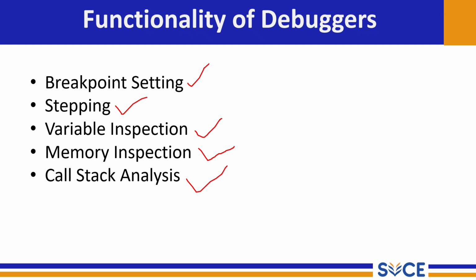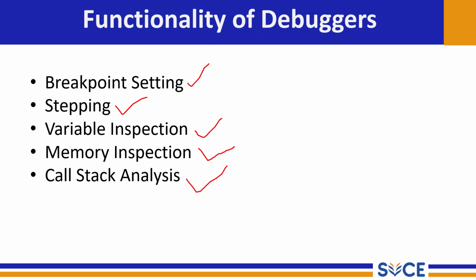Second, understanding the program behavior: debuggers allow you to observe the program state in real time, which helps in understanding how it works and identifying unintended behavior. And third, testing the code: debuggers can be used to test different scenarios and ensure that the code behaves as expected.